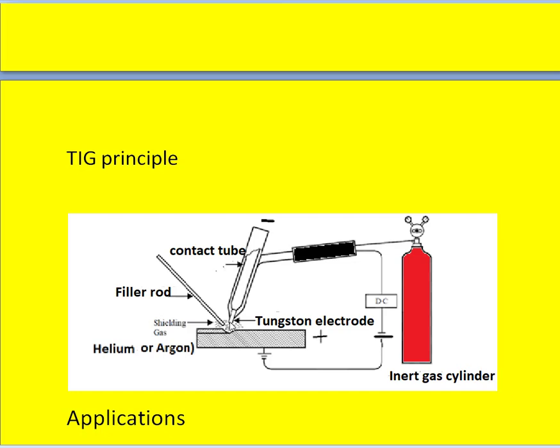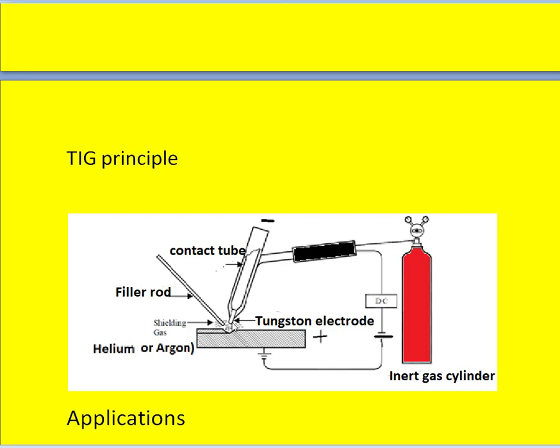That 70 volts is sufficient to initiate the arc between the electrode and the base metal. Once the arc is formed, the voltage across the battery becomes 20 volts, because that voltage is enough to maintain the arc, and high current flows from the DC supply to the electrode and the arc, and from there it reaches the base metal. From the base metal it goes to the return cable, and then to the DC supply. That is how it forms the closed circuit.